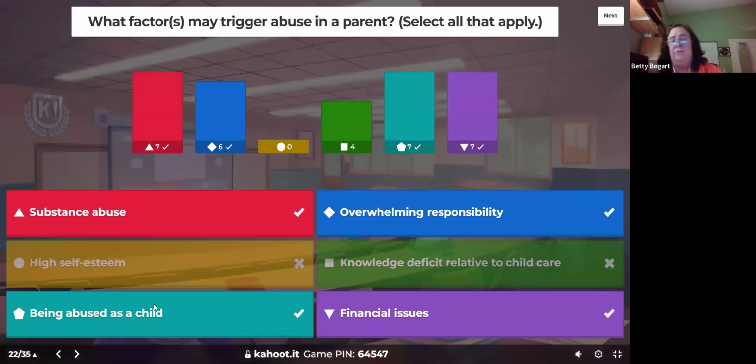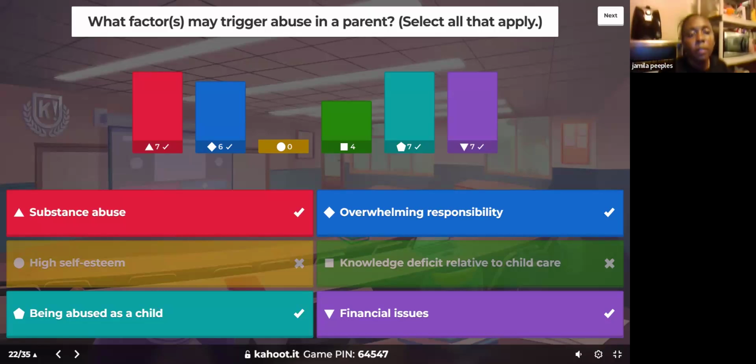So, substance abuse, alcohol, or drugs, low self esteem can cause it. If they were abused, they're just overwhelmed, overworked, that overwhelming responsibility. And then, of course, finances, homelessness, and all of those things. So, many things can trigger it.